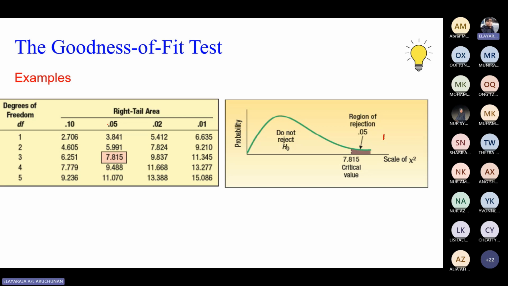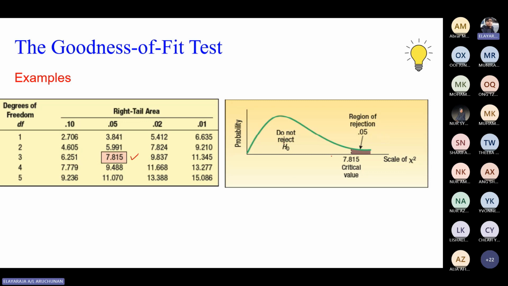At this point is your level of confidence. You need to look at the right-hand side, since it's a chi-square table: 0.05 and the degrees of freedom, which you know is 3. You can see the intersection of 0.05 and 3 and you get 7.815.